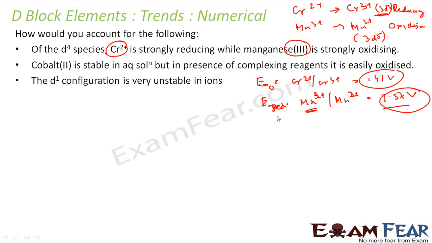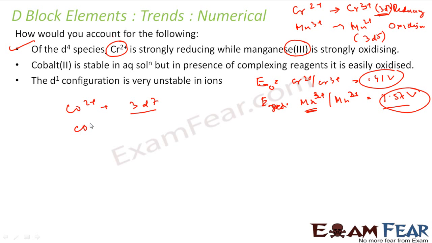The next is: cobalt is stable in aqueous solution, but in the presence of complexing reagent it is easily oxidized. So if we talk about cobalt 2+, the electronic configuration is 3d7. If you want to oxidize it to cobalt 3+, you need energy.